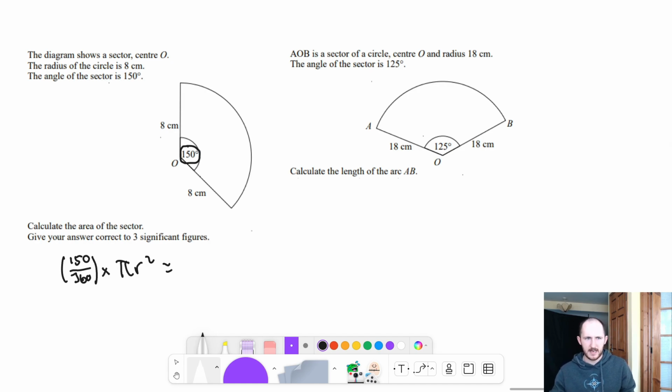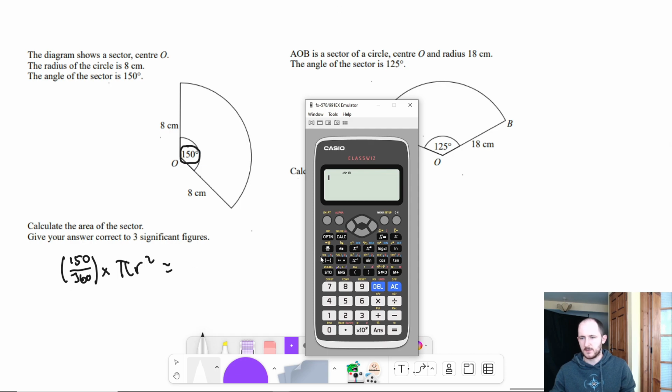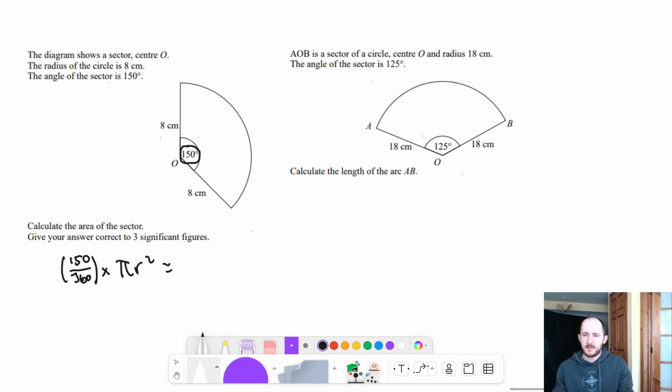So if I do this on a calculator, because again it says 3 significant figures, which means we do have to do pi: 150 over 360 multiplied by pi, which is shift and the times 10 button, times radius, which in this case is 8 squared, gives us our value. So 83.8 centimeters squared.